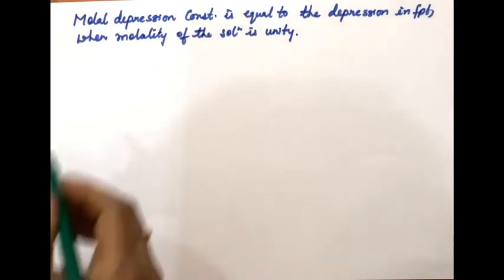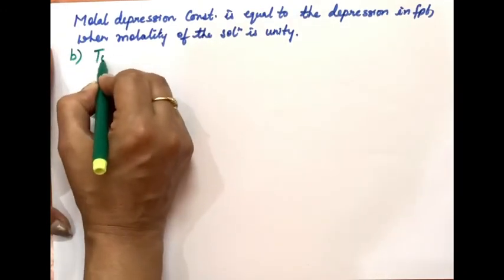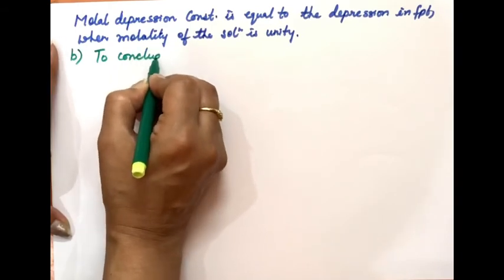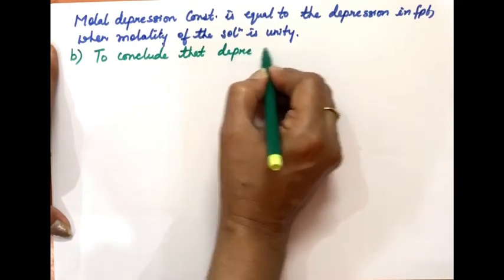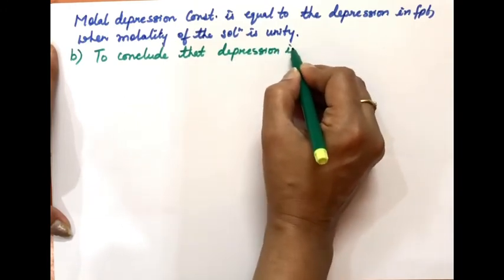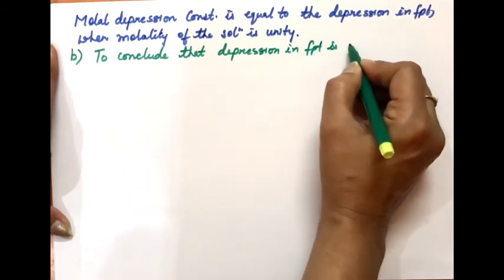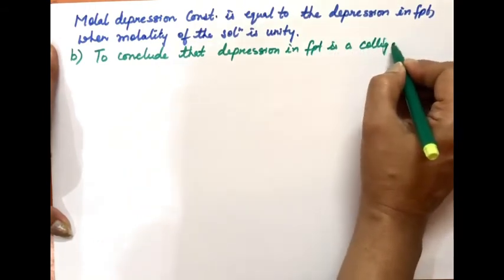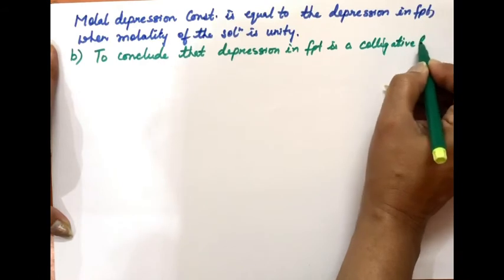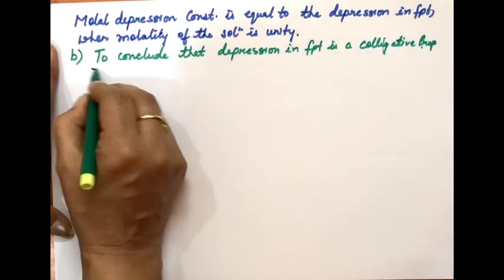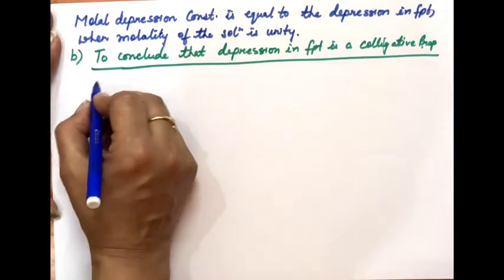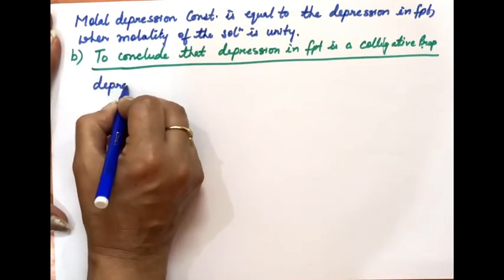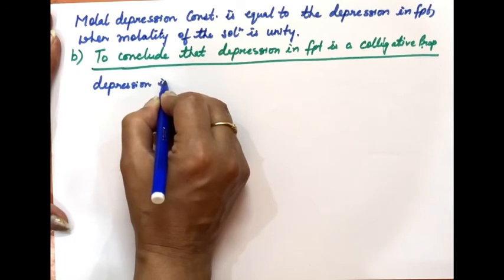Now coming to the second part of this colligative property. In the second part we have to conclude that this property, depression in freezing point, is a colligative property. Colligative property means this is dependent on the number of particles. Now in the formula we have written delta Tf is equal to Kf into m. m means number of moles of solute in 1 kg of solvent.